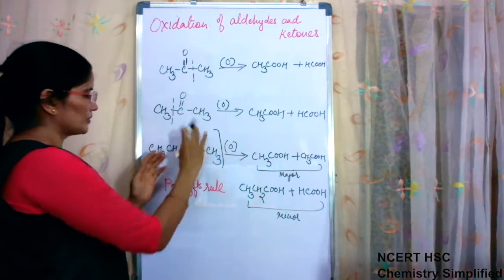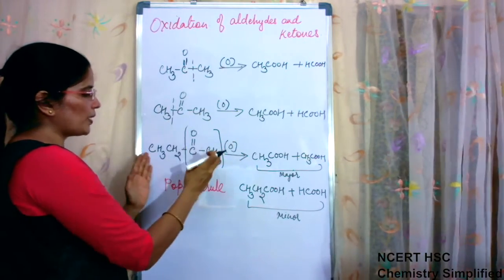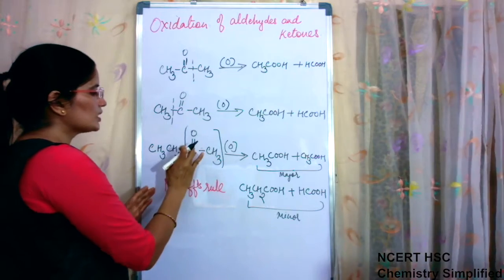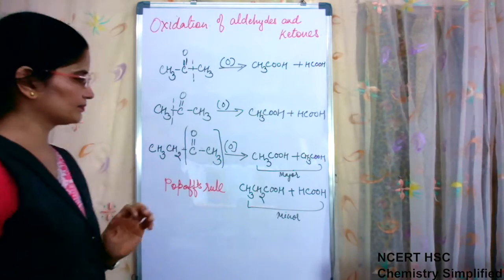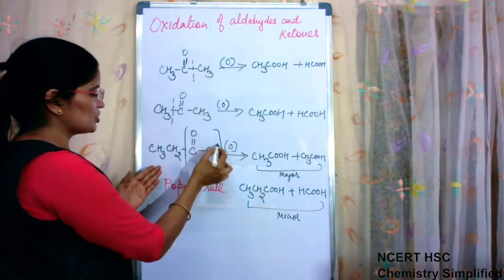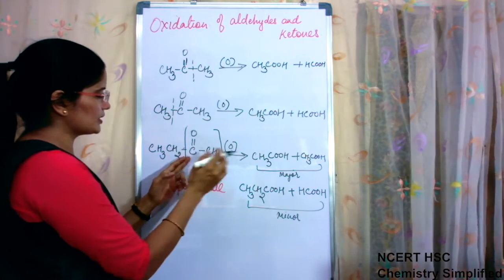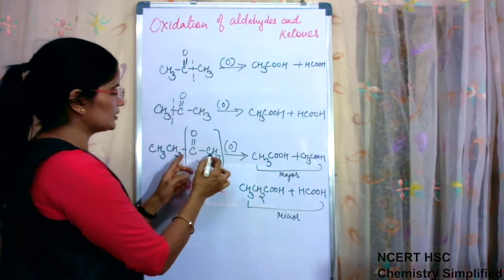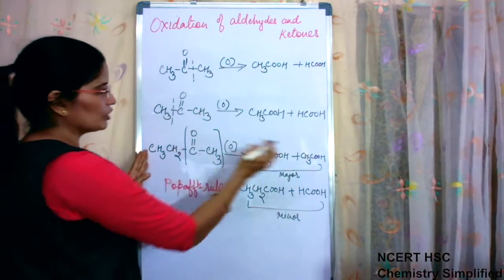Out of the two parts, whichever chain is smaller, this part will go with that. So this chain is smaller, this is bigger. As a rule, these two should go together to form acetic acid and the remaining also acetic acid.